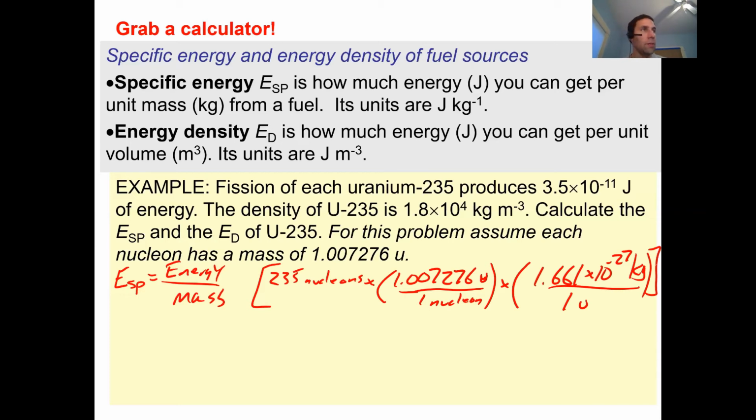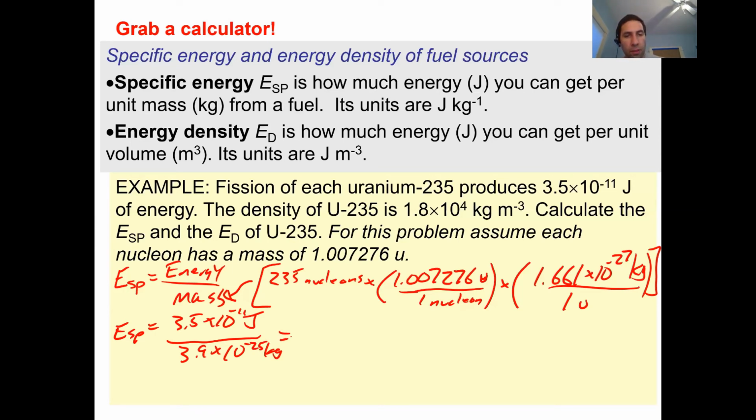When we do that, we get a number that is 3.9 times 10 to the negative 25th. So in other words, notice all this that I've done here is going right here in the denominator in mass. So the specific energy is, we know it produces 3.5 times 10 to the negative 11th joules, and that's divided by the number that I just got, which is 3.9 times 10 to the negative 25th kilograms.